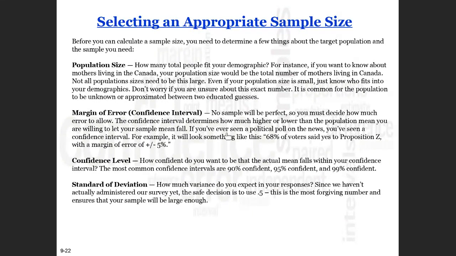If you've ever seen a political poll on the news, you've seen a confidence interval. So for example, it will look like this: 68% of the voters say yes to Proposition Z with a margin of error of plus or minus 5%. If you remember that, the 5% is your margin of error.